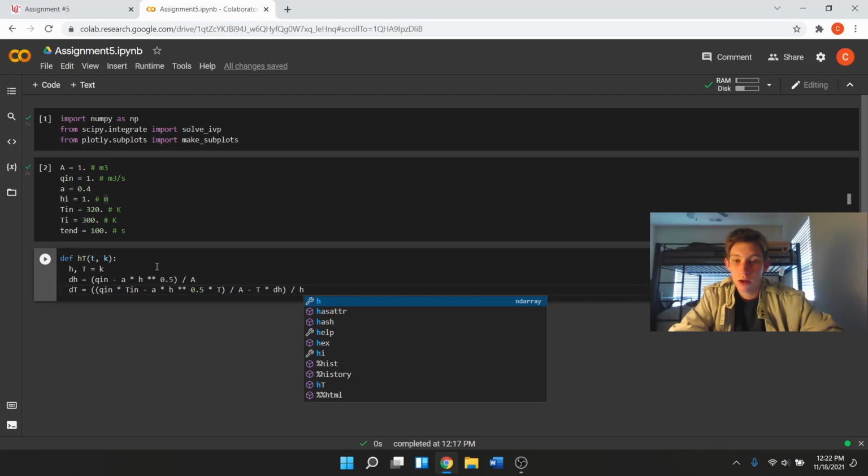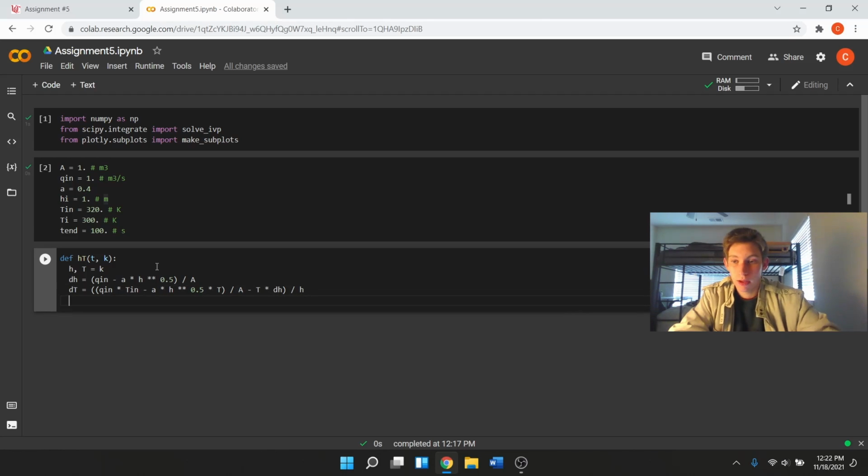So we want the function to return an array of dH and dT.